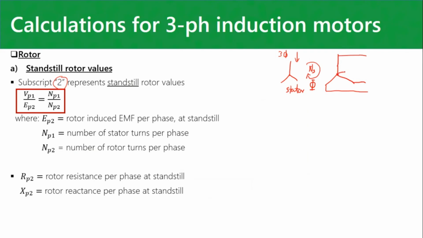Here's the shaft. Turn NR equals 0. So it's a standstill value, a startup value. We have to work out the EMF induced in the rotor coils by this rotating magnetic field cutting across them, which will induce a standstill EMF, EP2.